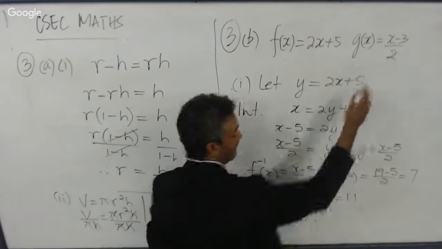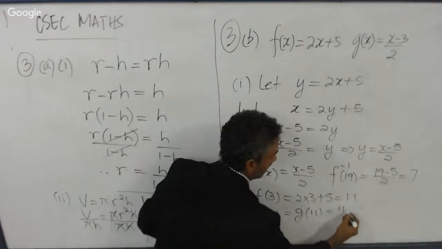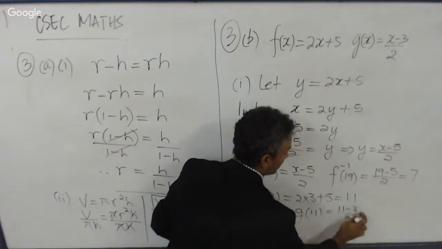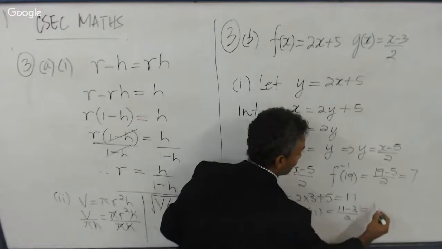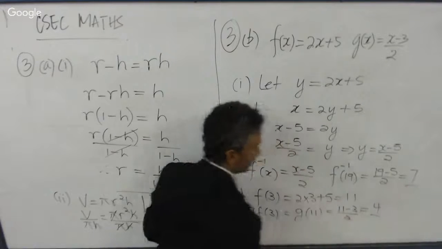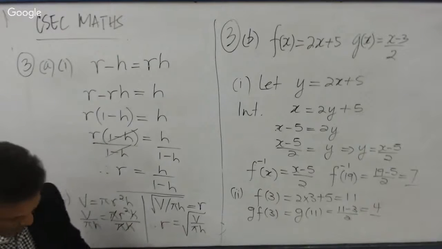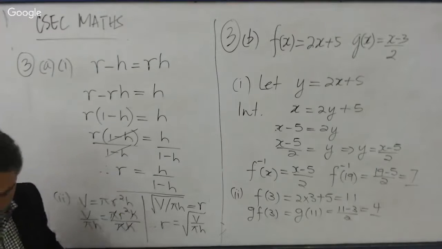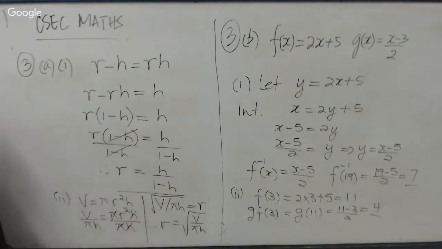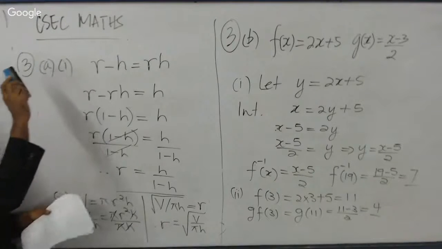Put in 11 inside here. So you get 11 minus 3 over 2. So it's 8 over 2, which is 4. So that's the answer. Right. That's question 3 completed.